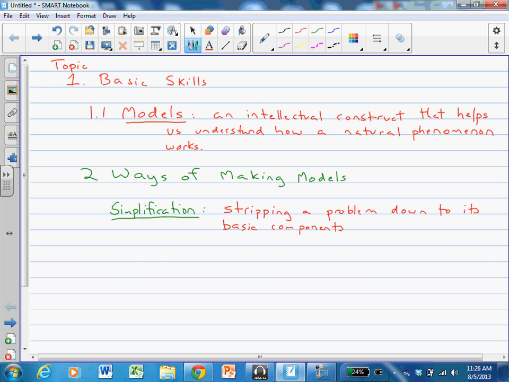Understanding is gained with those simple components. We're using the simple components.